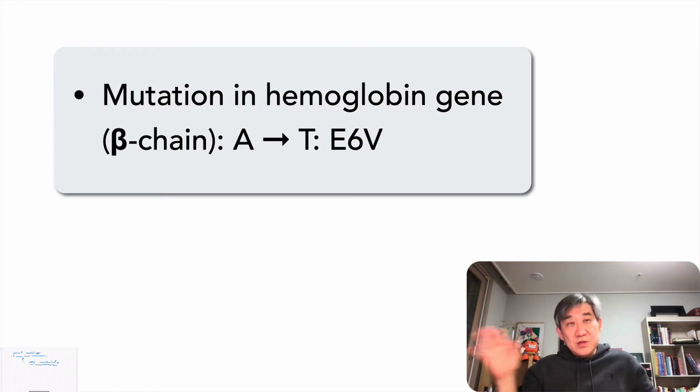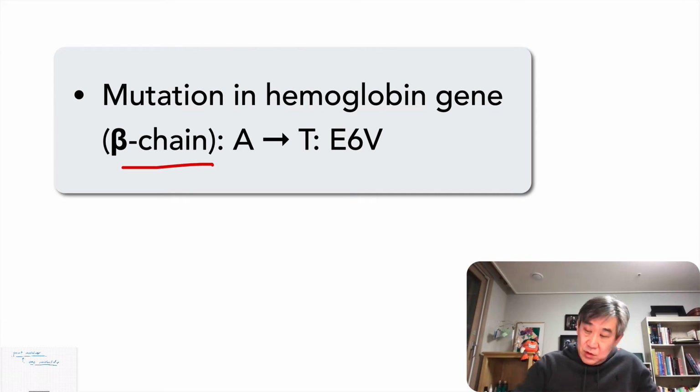In most cases, this substitution does not really cause any harm on the function or integrity of the overall metabolic activity of the cell. The mutation occurred in the beta chain, one of the 2 different kinds of polypeptide chain of the hemoglobin protein.